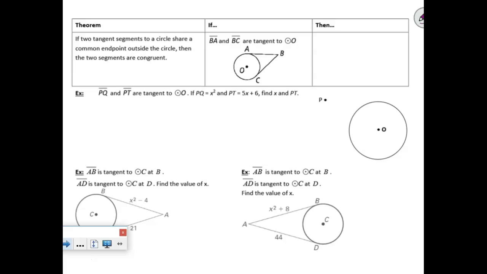Now the next theorem states that if two tangent segments to a circle share a common endpoint outside the circle, then the two segments are congruent. So, if line segment BA and line segment BC are tangent to circle O, you know this is perpendicular.